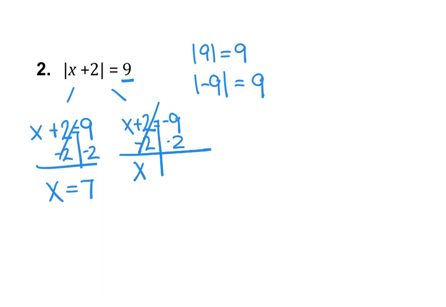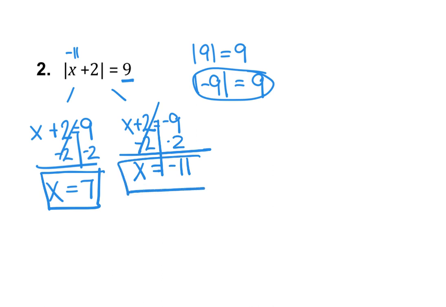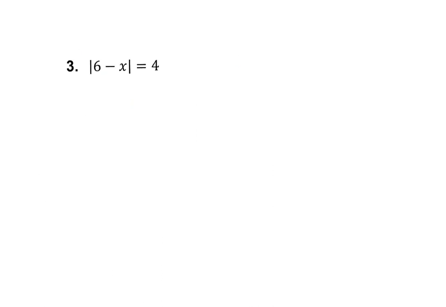And I have x is equal to negative 11, because we said that negative 11 plus 2 is equal to negative 9, and the absolute value of negative 9 is also equal to 9. So we have these two solutions, x is equal to 7 and x is equal to negative 11.